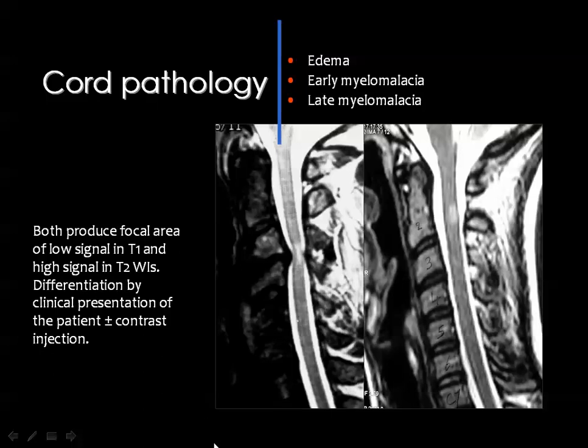In spite of many things that have been mentioned in the literature, you should first know the difference between cord pathology related to degenerative diseases of the spine and cord pathology which is not related to degenerative diseases of the spine. In this cord pathology, there is a cause for the pathology to be here, and you see that there is a disc and there is a ligamentum flavum compressing the cord, resulting in an area of abnormal signal within the cord substance.